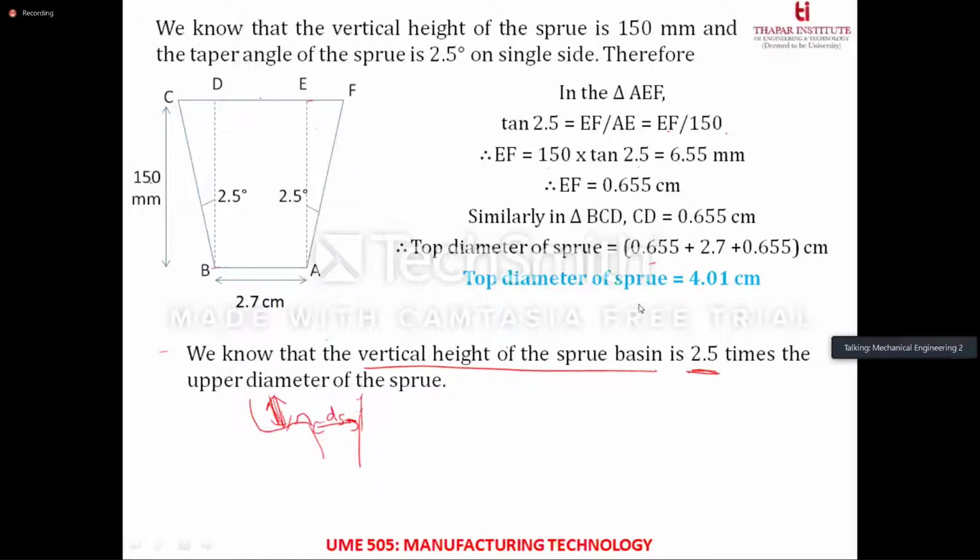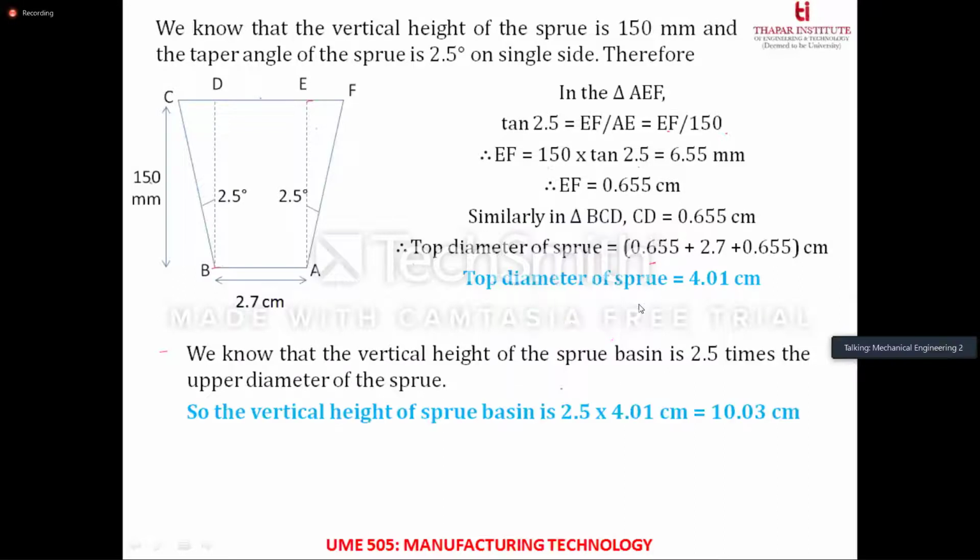We have found out the top diameter of the sprue already in the previous section, and now we are searching for the vertical height of the sprue basin. That can be found out very easily. 2.5 times 4.01 centimeters, which is the top diameter of the sprue. So the vertical height of the pouring basin is equal to 10.03 centimeters.